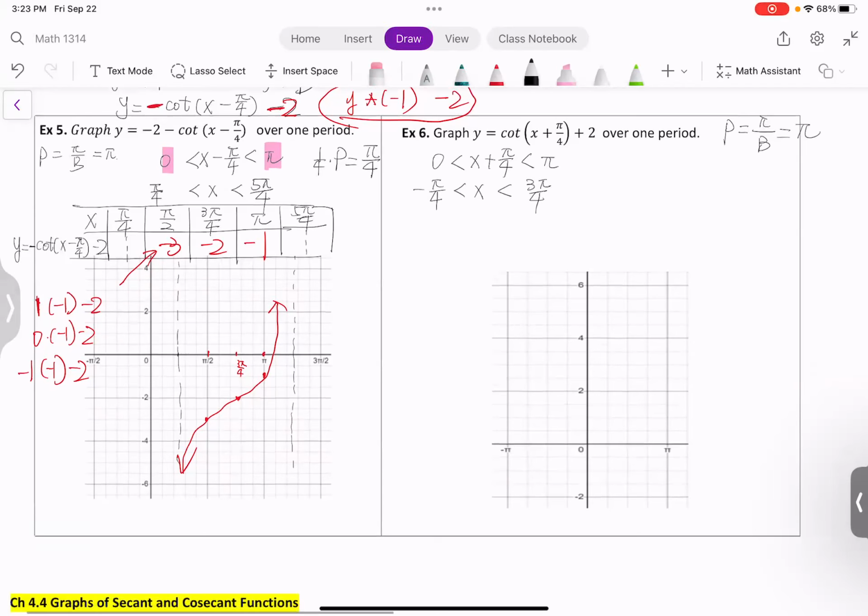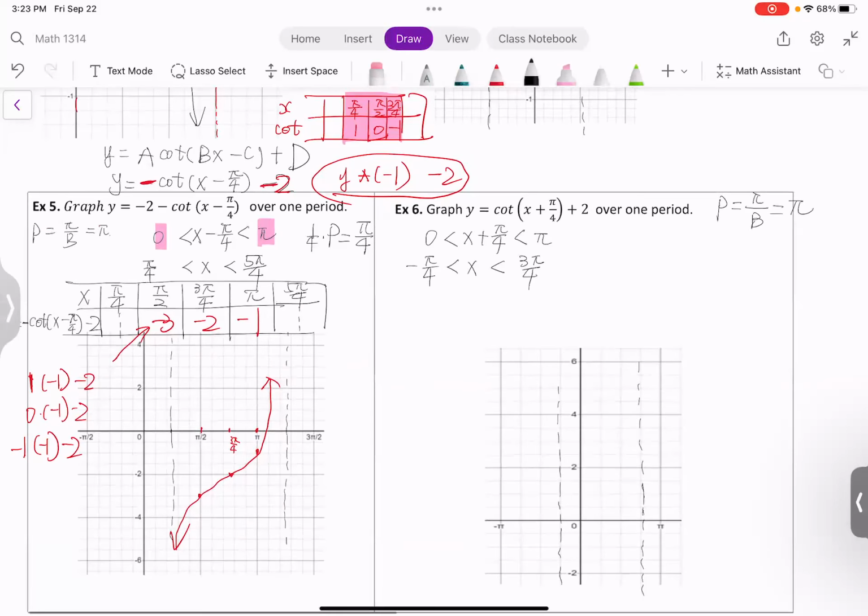So this is -pi over 4 and 3 pi over 4. And we need to draw a new table. So this is x, and this is y's value, cotangent x plus pi over 4 plus 2.